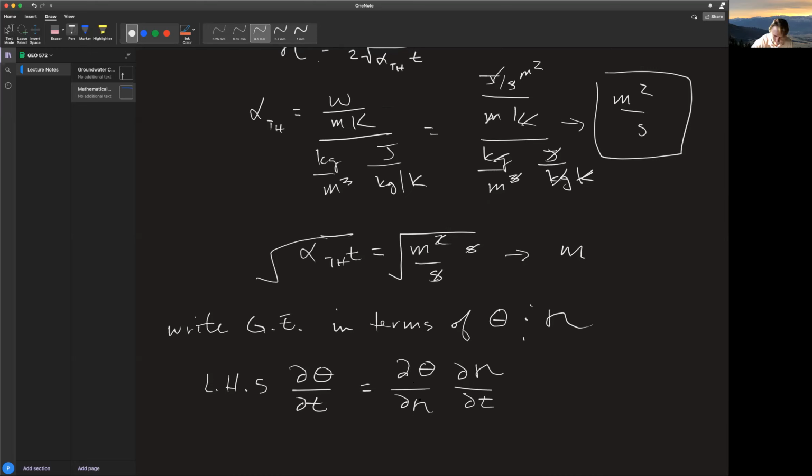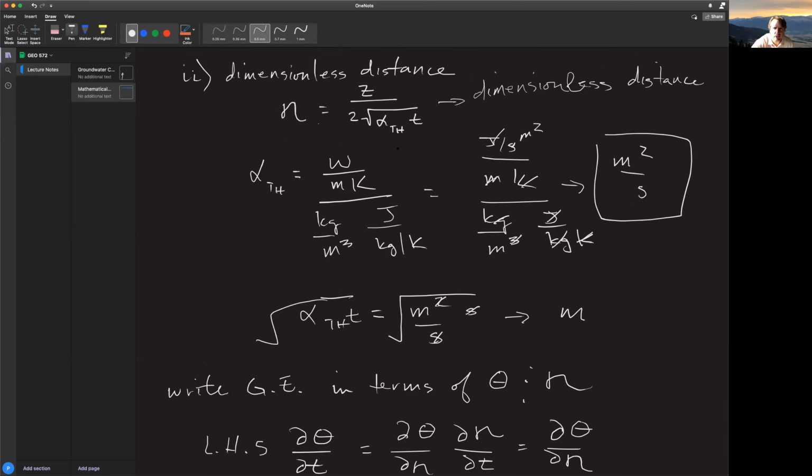Now for d eta dt, all we do is come up here and take the derivative of eta with respect to t.